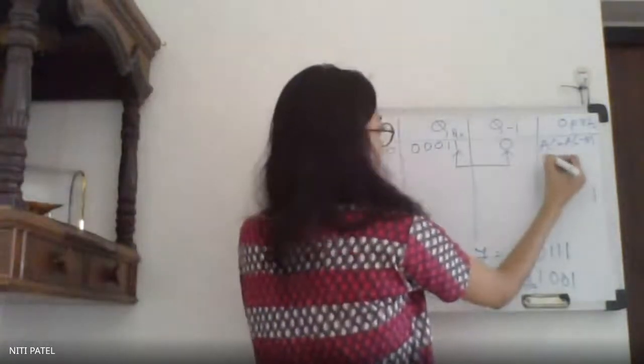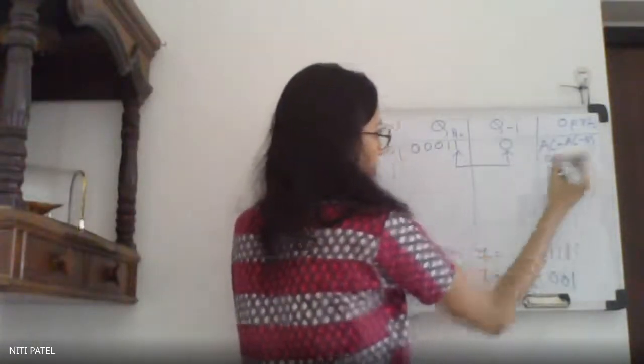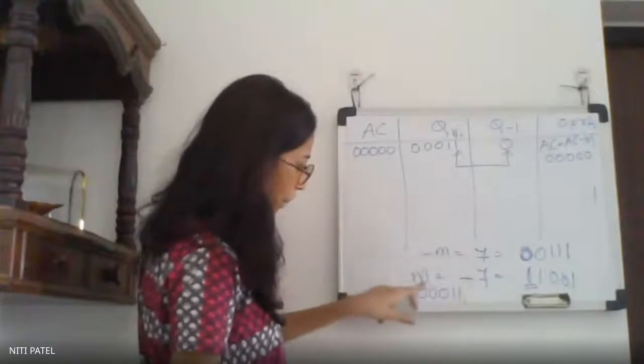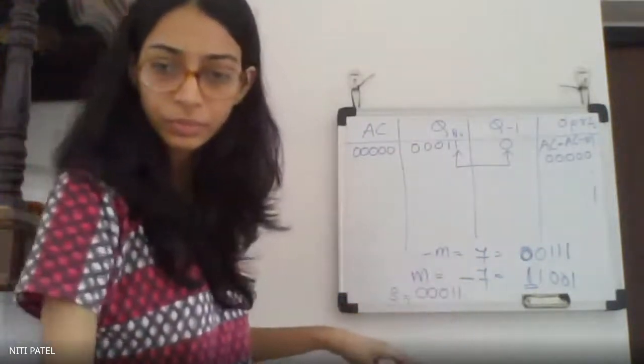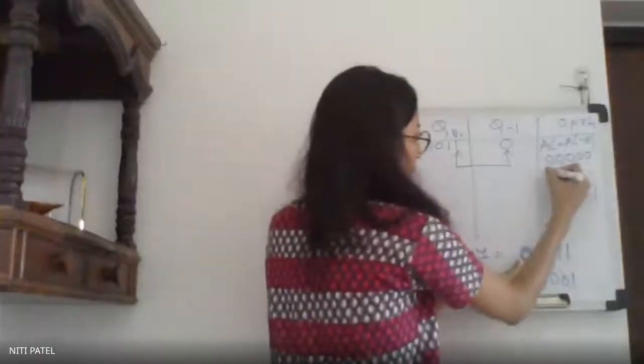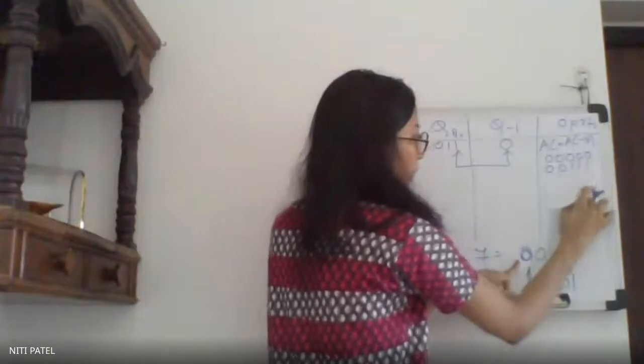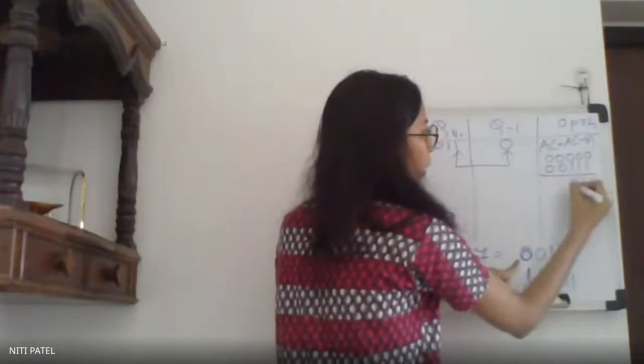So what is my AC? 0, 0, 0, 0, 0. What is my minus M? My minus M is 7, yes. That is 0, 0, 1, 1, 1. So when I add, what do I get? 0, 0, 1, 1, 1.